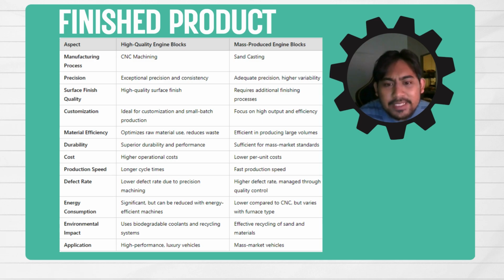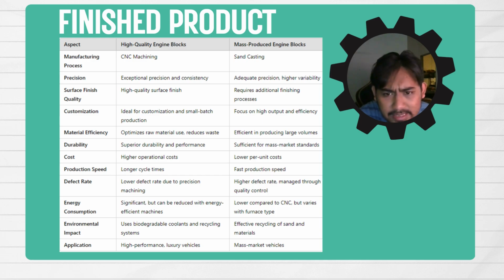For production speed, high quality engine blocks using CNC machining take a longer cycle time. Meanwhile, mass produced blocks using sand casting have fast production speed.